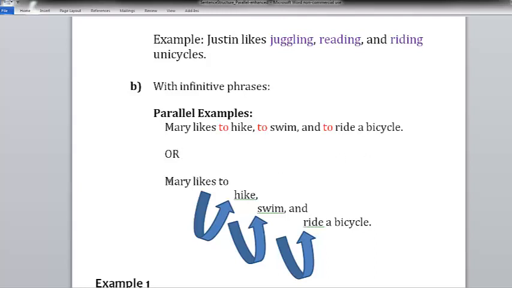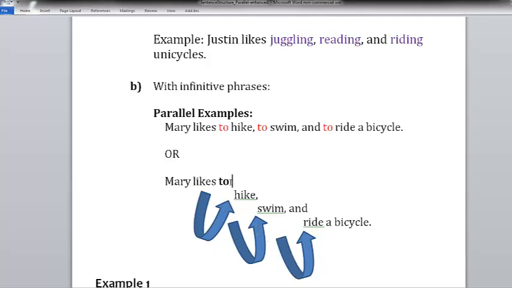Or we can do it this way. We can say Mary likes to hike, swim, and ride a bicycle.